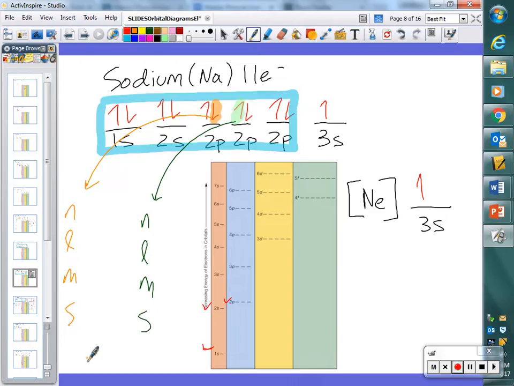Talk to the person next to you. Quantum numbers for those two electrons. Go. N for both of them is 2. L is 0. M is negative 1. And then S will be negative 1/2 and positive 1/2.